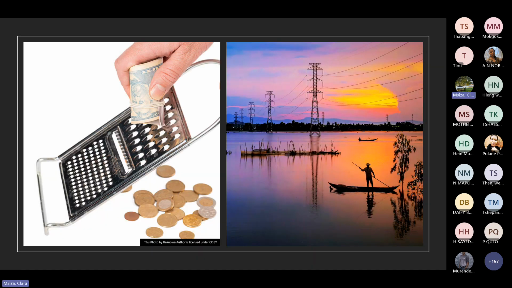So now I have a picture here, and please tell me what do you see here? What comes to your mind related to accounting? So when you see this picture, what do these two pictures combined make you think of?